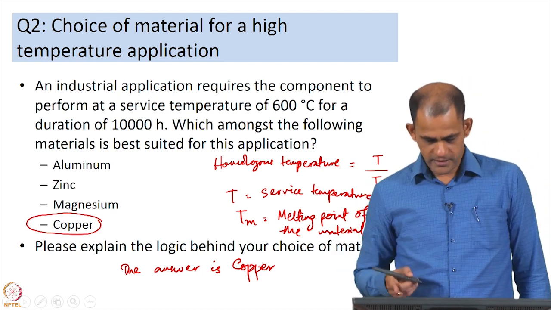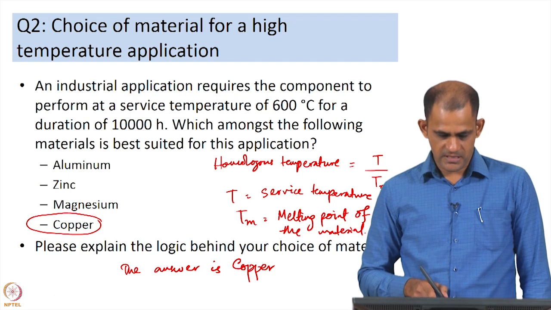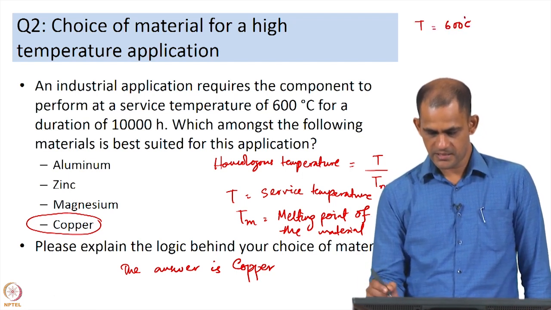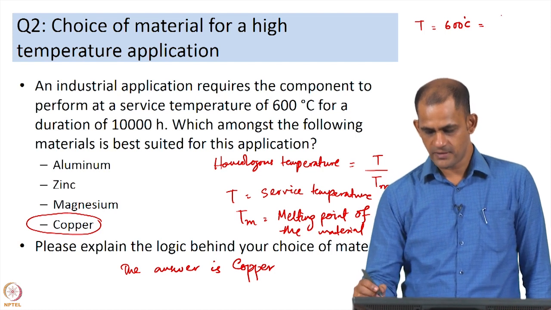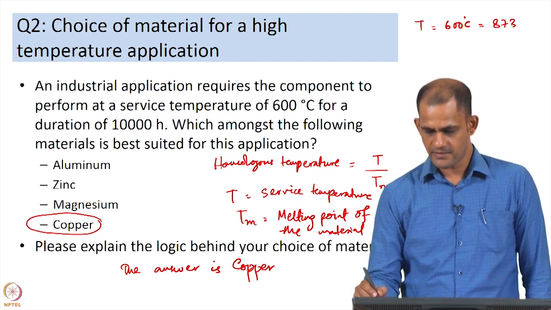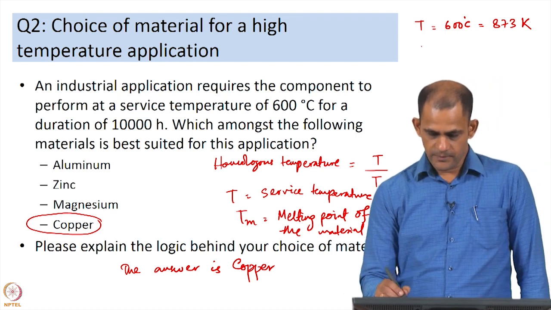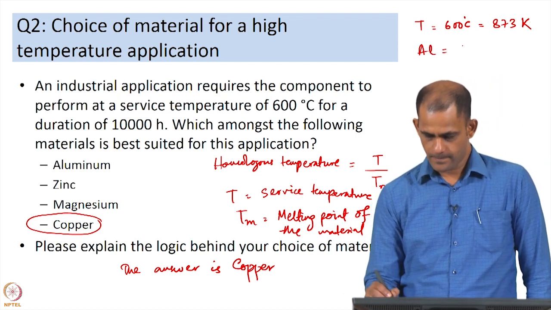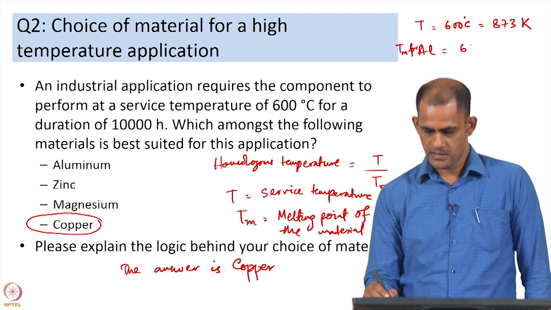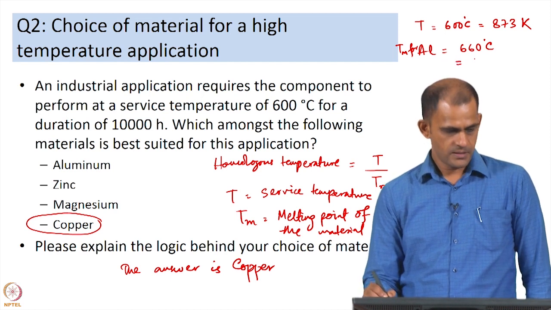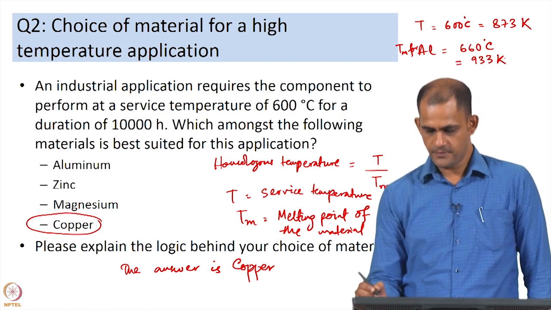So, now we know the service temperature T is equal to 600 degree centigrade. So, we have to convert it into kelvins. So, this becomes 873 Kelvin. Now, the melting point of aluminum, Tm for aluminum, is 660 degree centigrade, which means it is 933 Kelvin.